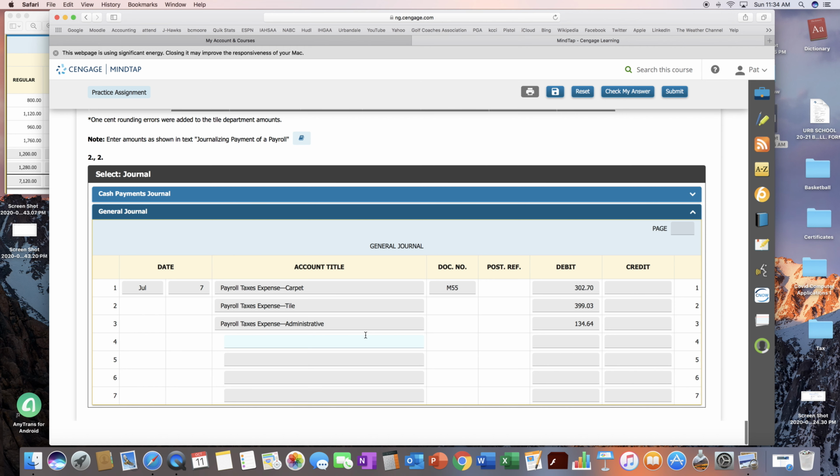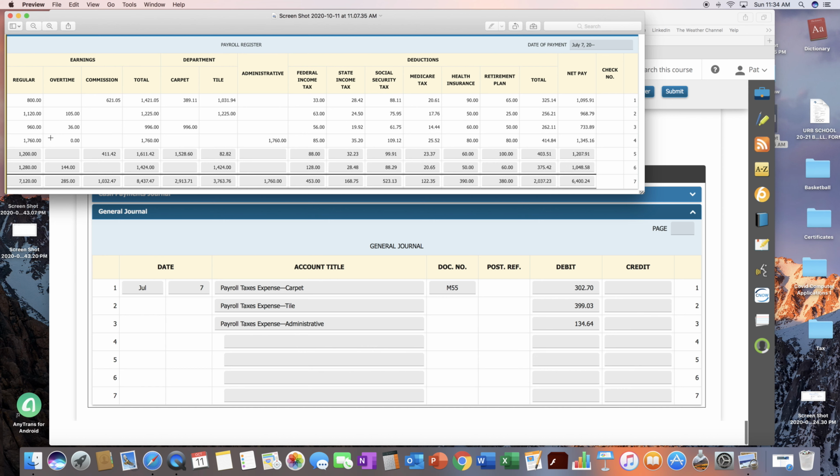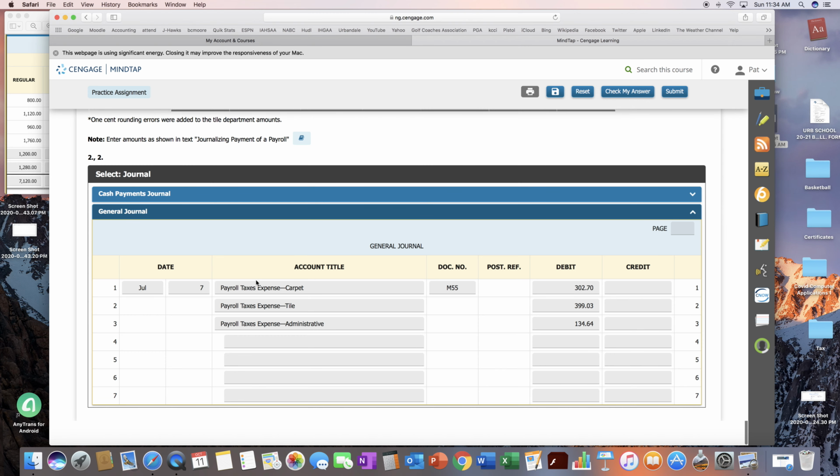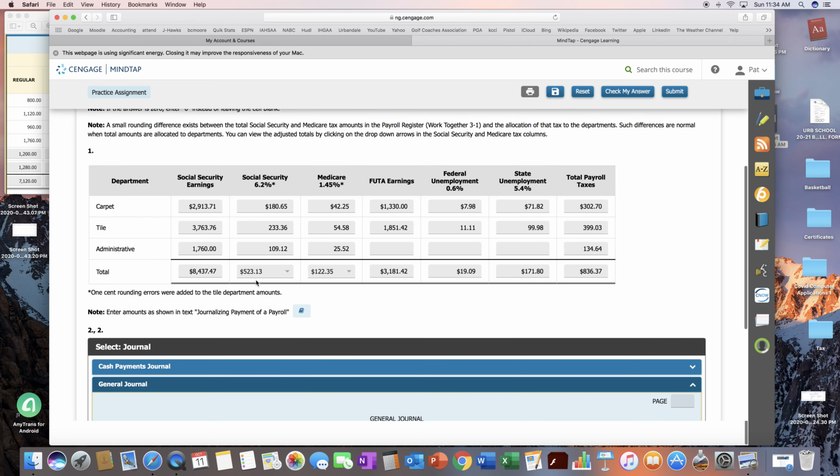When we're doing these credits, we want to be recording certain amounts. And so when we have these credits, we're going to be recording Social Security tax payable, Medicare tax payable, and you can also find, I believe, these here. But then what else we need to find is unemployment.